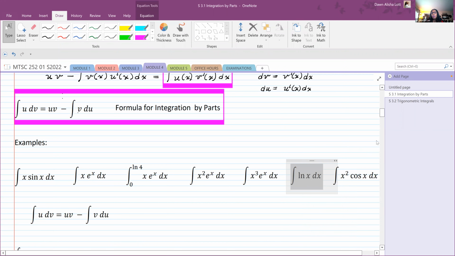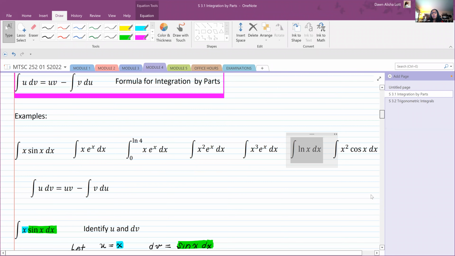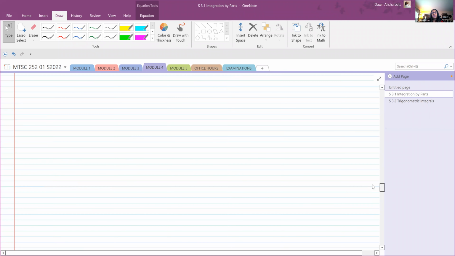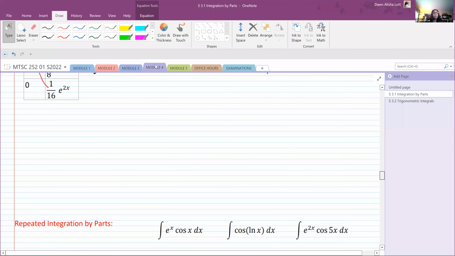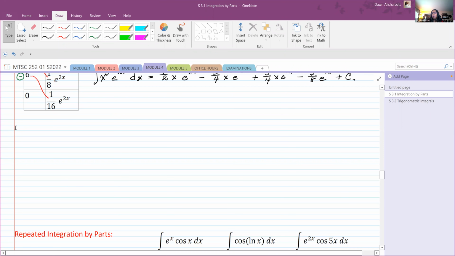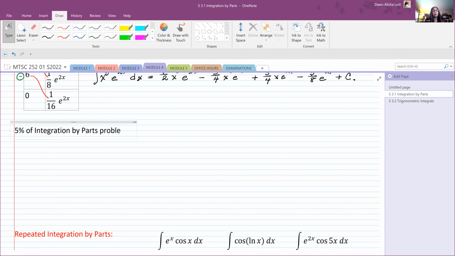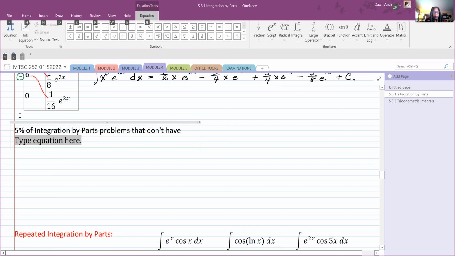As I told you, there were some integrals where the traditional rule does not work. Okay, so this is, I would say, the 5% of integration by parts problems that don't have something like x to the n.